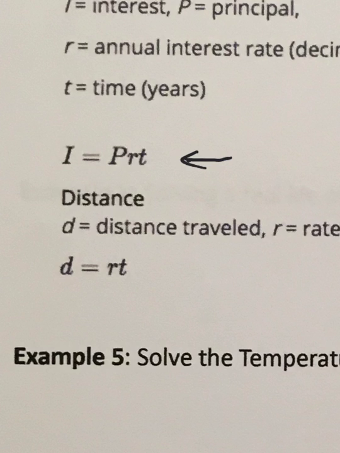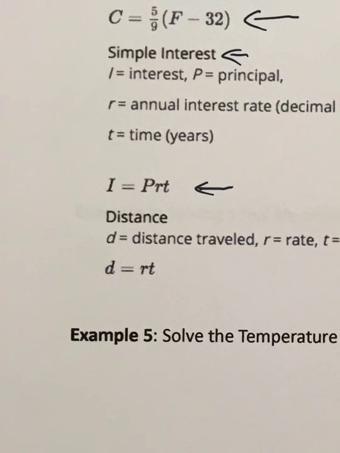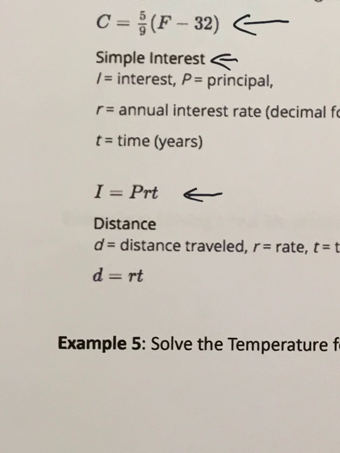Say you invest in something brand new, like rockets that go around the moon with Elon Musk or something, that might be a little bit higher, but it may be higher risk too. And then T, what do you think T stands for? Time, typically in years, okay? So it has it right up here. But principal, again, is the money you invested. And the higher the interest, the more money you get back.